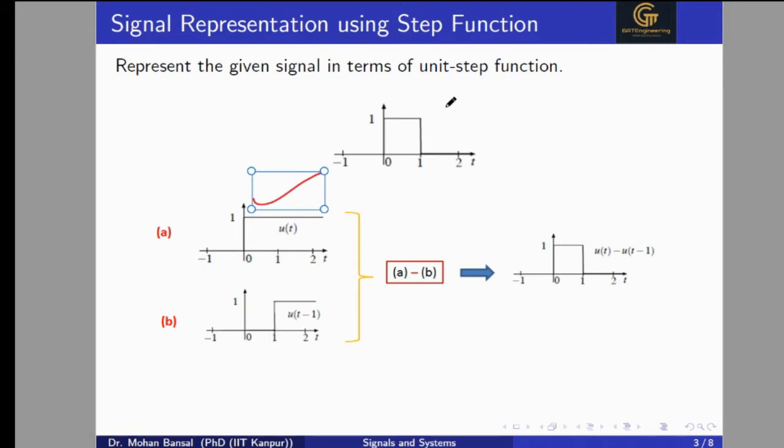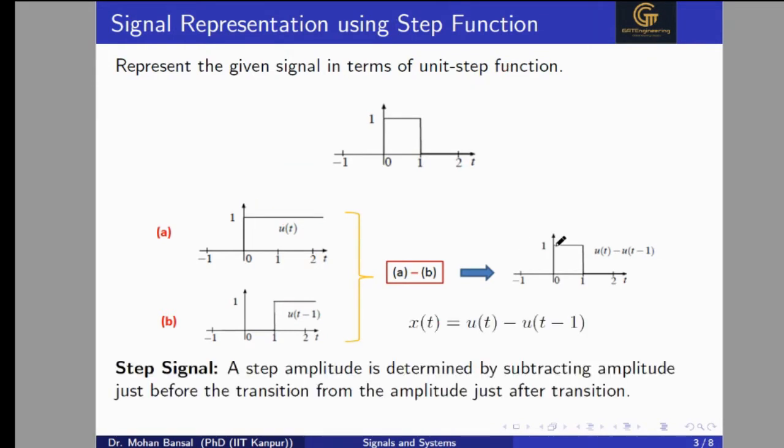Now, to get the desired signal, if we subtract u(t minus 1) from u(t), this part will cancel out. So we'll get a minus b, and we'll get the desired signal, whose width is 1 between 0 and 1. So we can represent this signal by u(t) minus u(t minus 1).